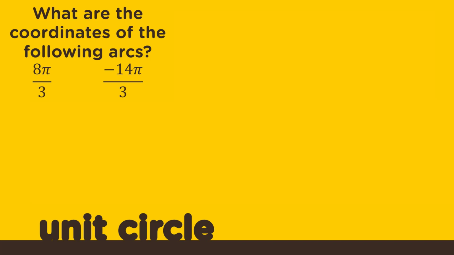As you can see, if you have here 8 pi over 3, it's more than one revolution because 2 pi is actually 6 pi over 3. The same thing goes for negative 14 pi over 3. Okay? This is more than one revolution.